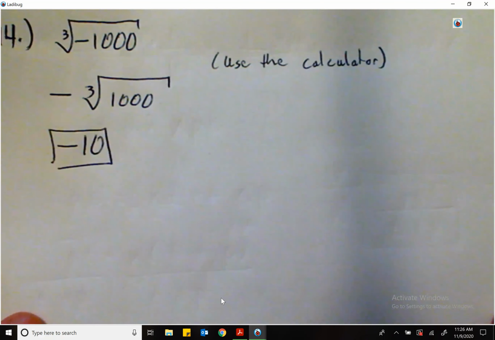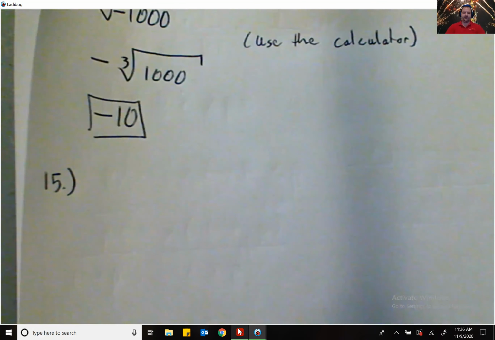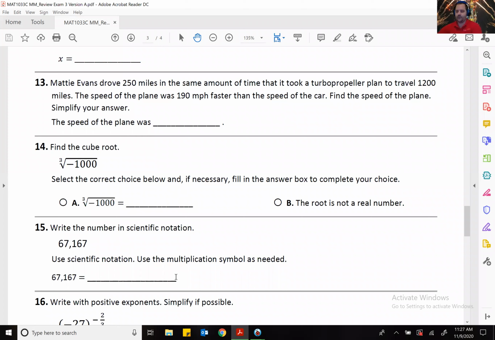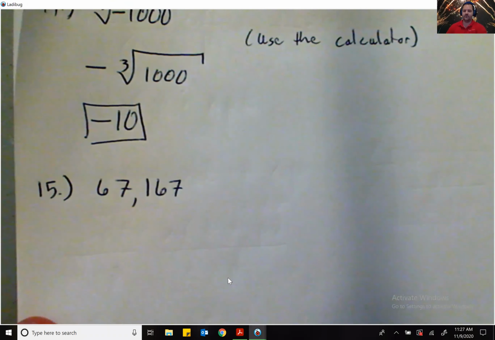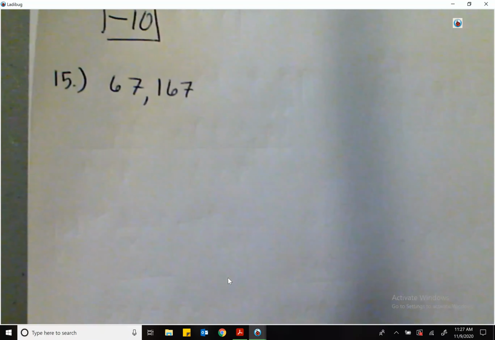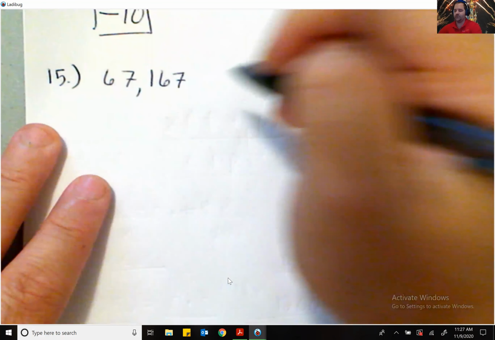Number 15. They want this in scientific notation: 67,167. Here we go. So how do I get this into scientific notation? 6.7. Okay, how did you get 6.7?